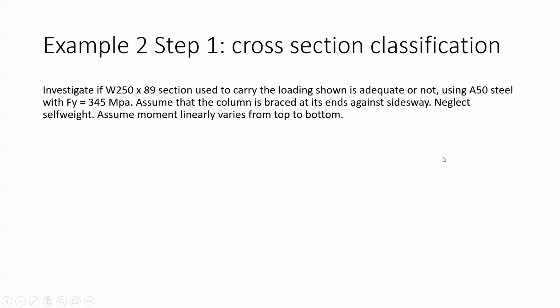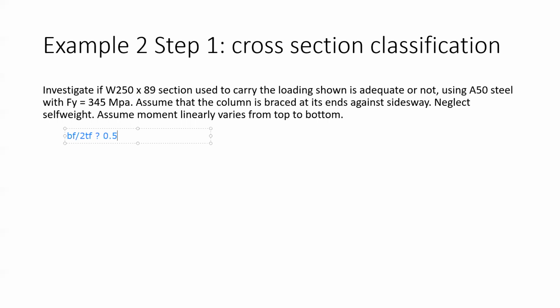So, paano ba tayo nagka-classify ng cross-section? So, meron tayong formula which is BF over 2TF. Tapos, i-check natin kung less than ba or greater than or equal to, so i-question mark muna natin yan.